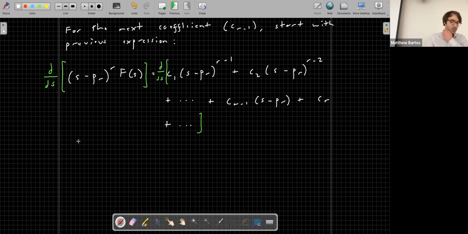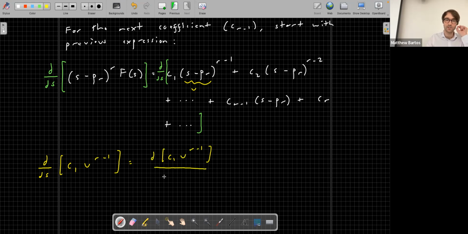So if, for instance, we apply the chain rule, let's let this be u or something. This is just an aside: d by ds of C1 times u to the (R minus 1). Okay, this is equal to d of C1 u to the (R minus 1) over du times du by ds.